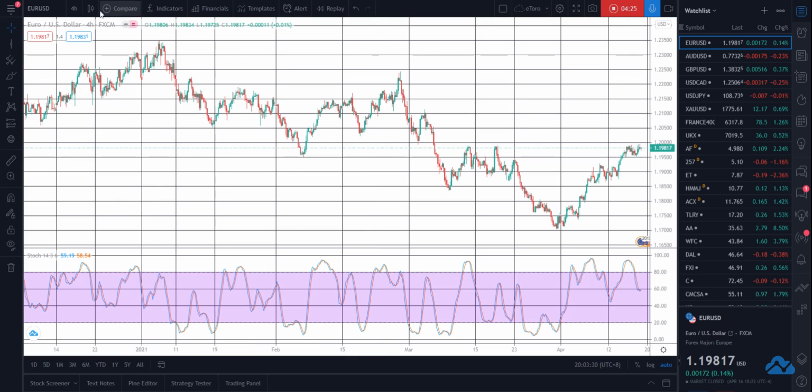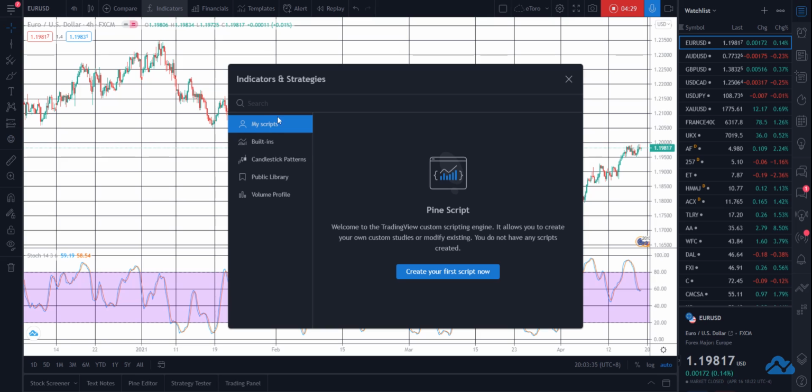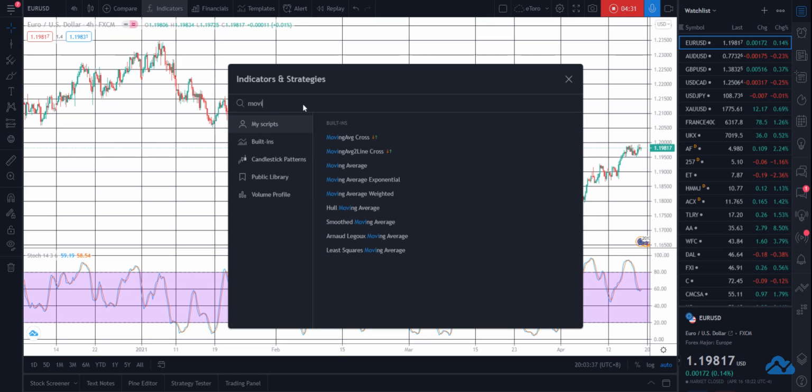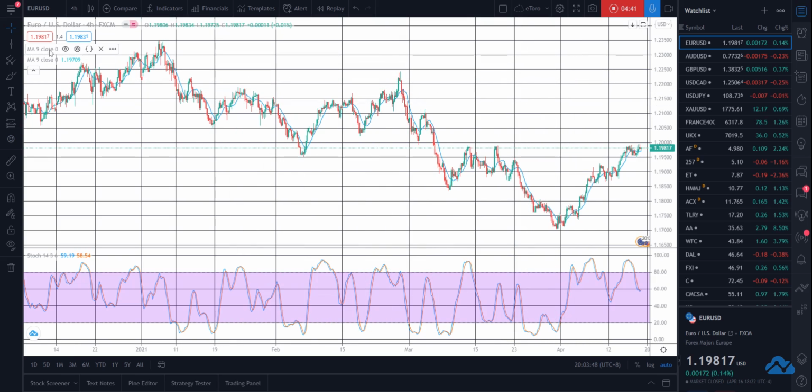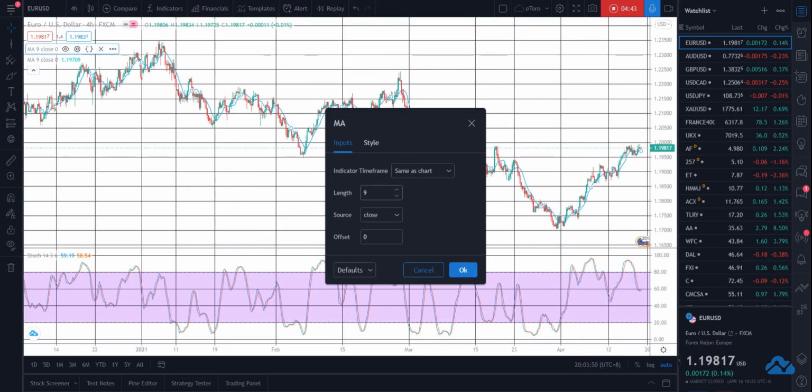Let me add a couple of moving averages to the chart. Moving average, load it, and another one. Okay, I'm closing this. I'm changing one of the moving averages maybe to 200. We are working on the 4 hours, so 200 is good.